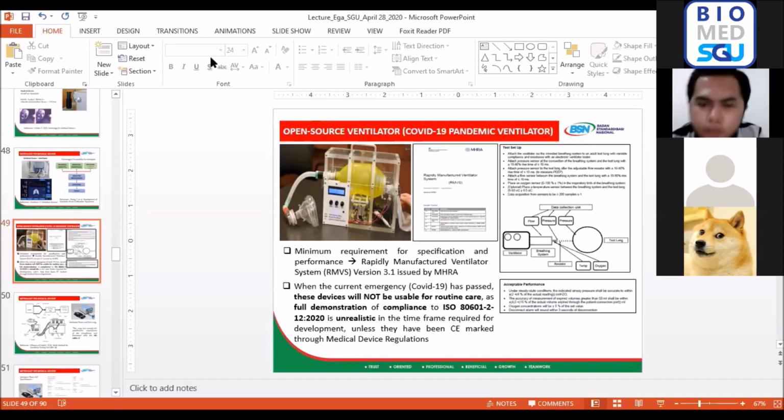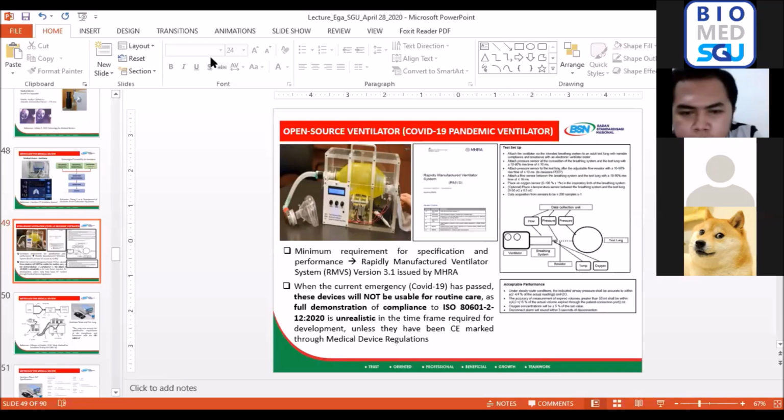Thank you, Pak. Quite clear, Pak Maruli. Is it all has to be tested via BPFK in order that the device is considered to legally comply to the standard? For open source ventilator, it has to comply with the Rapidly Manufactured Ventilator System RMVS 3.1 standard document issued by MHRA.